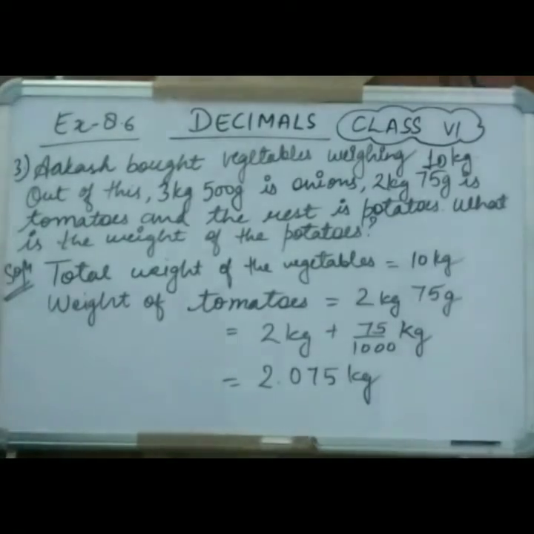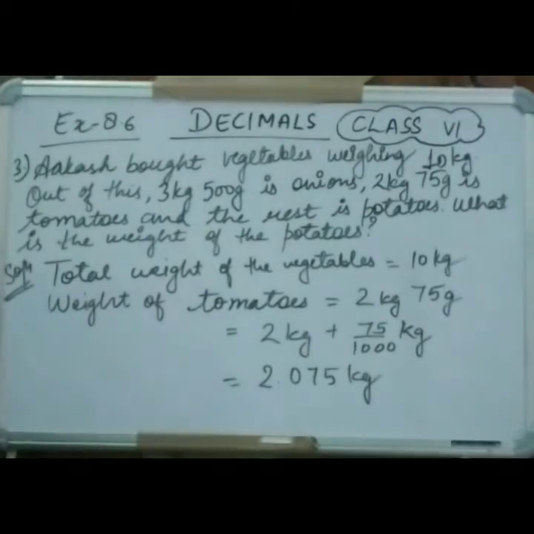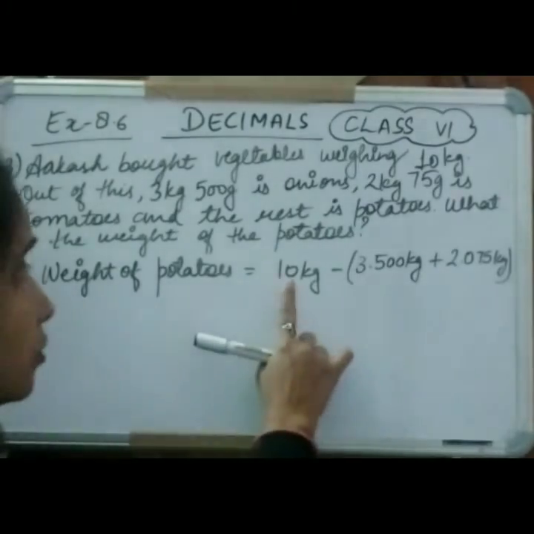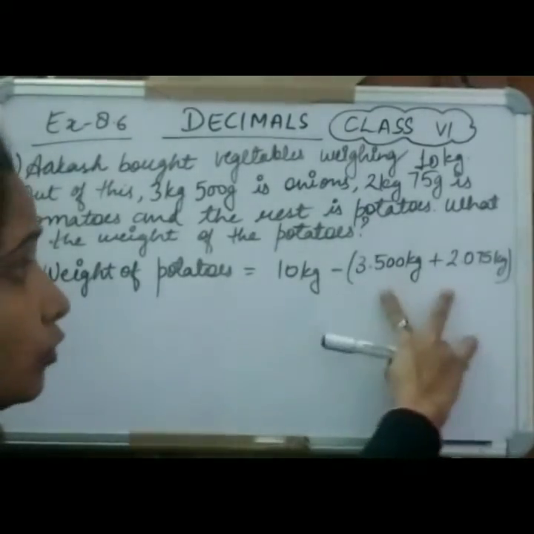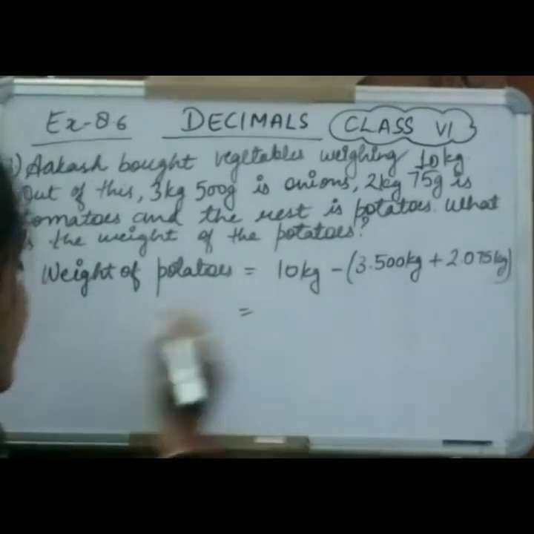Now we have to find the weight of potatoes. Now what we will do, we will add the weight of tomatoes and onions and we will subtract it from the total weight. We will get the weight of potatoes. Okay. Now see here, we will find out the weight of potatoes: total weight minus addition of weight of onion and tomatoes. So first of all we will add them.